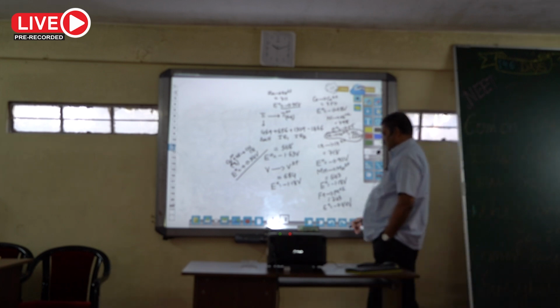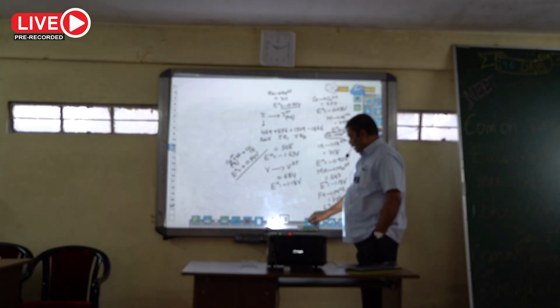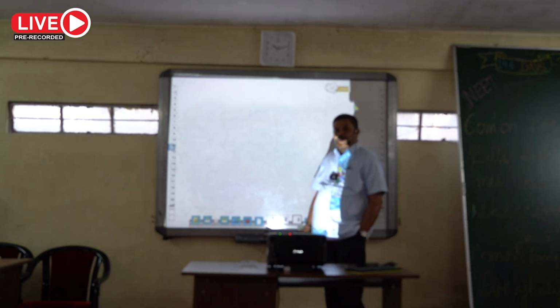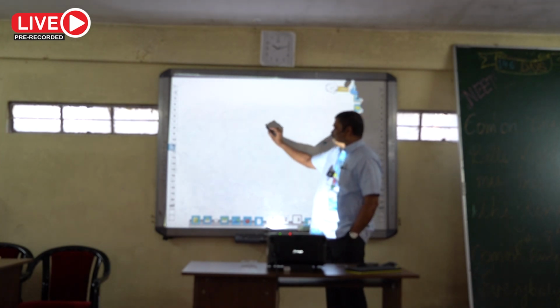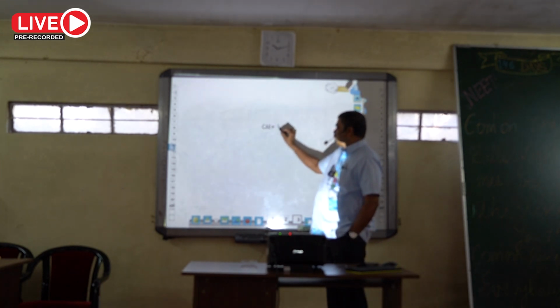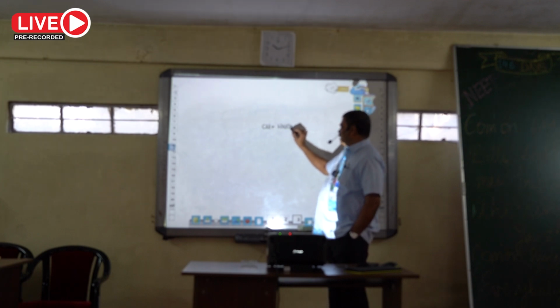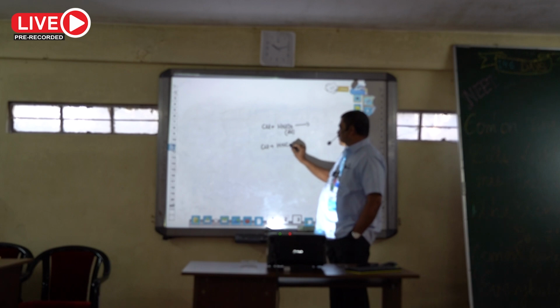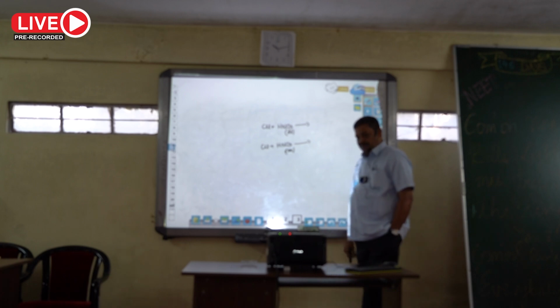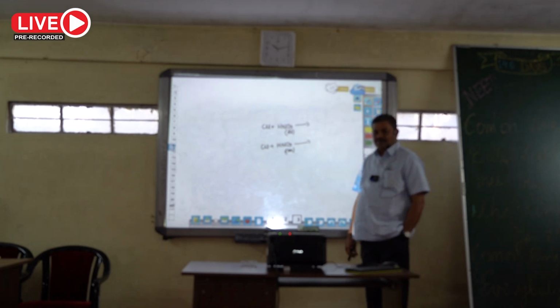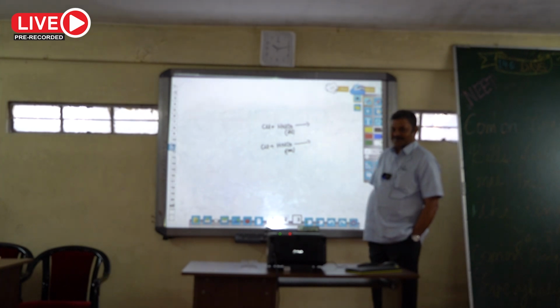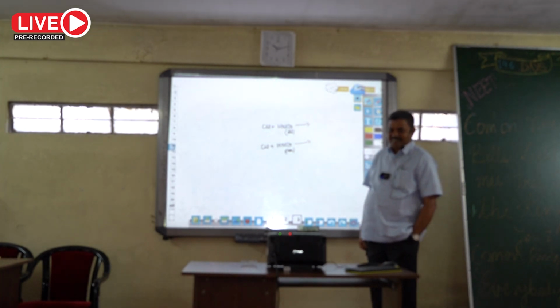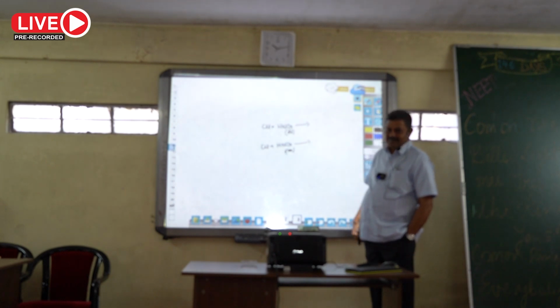Any student can recall, in the P block, we discussed this point. Cu plus dilute HNO3, Cu plus concentrated HNO3. Both are very much recorded in your notes. NO, N2O come from zinc.